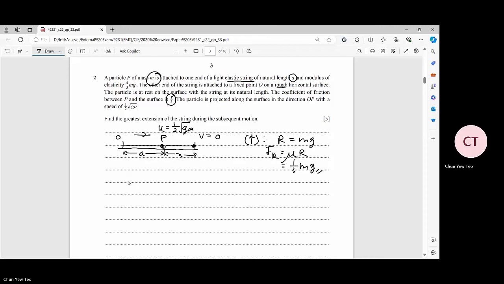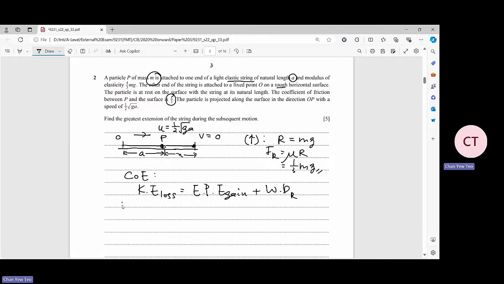Okay, then if you consider the conservation of energy, you have KE loss becoming the EPE gain plus the work done by the resistance.